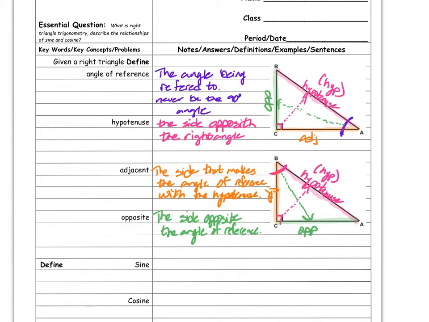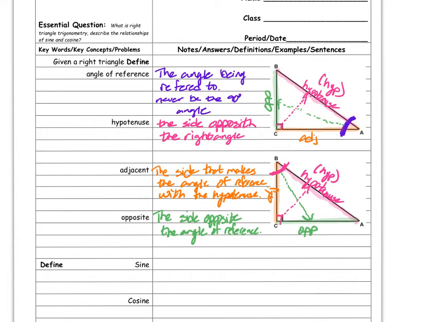Okay, so this is where most people get into trouble when they're talking about trig, is deciding which side's opposite and adjacent. And it really depends on what angle I'm talking about. So if I'm talking about this angle, that's why I always mark it. You notice I put a mark through my angle. This is angle A, and this is angle B. Notice the hypotenuse didn't change on either triangle, but what did change is which side was opposite and which side was adjacent.